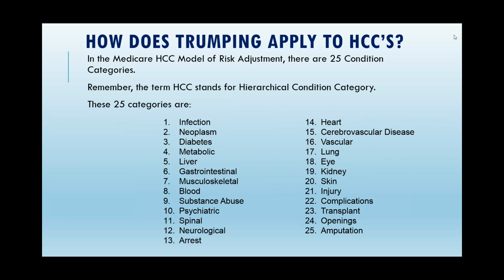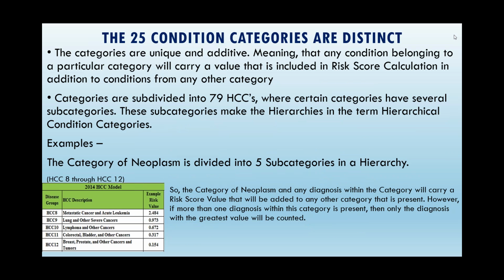How does trumping apply to HCCs? In the Medicare HCC model of risk adjustment, there are 25 base condition categories. Remember, the term HCC stands for hierarchical condition category. These 25 categories are listed below. They include infection, neoplasm, diabetes, and so forth. The 25 condition categories are distinct.